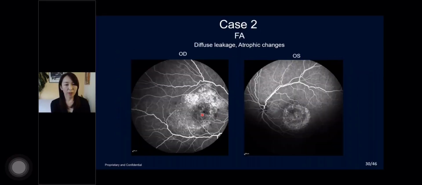Everything looks stable. This is the angiography image, totally different from case 1. In both eyes, we can see a lot of diffuse hyperfluorescence, sometimes diffuse leakage, or sometimes window defect due to atrophic changes. This is both eyes.